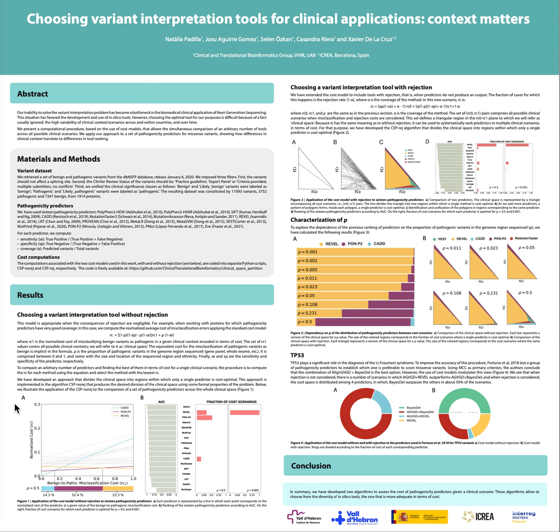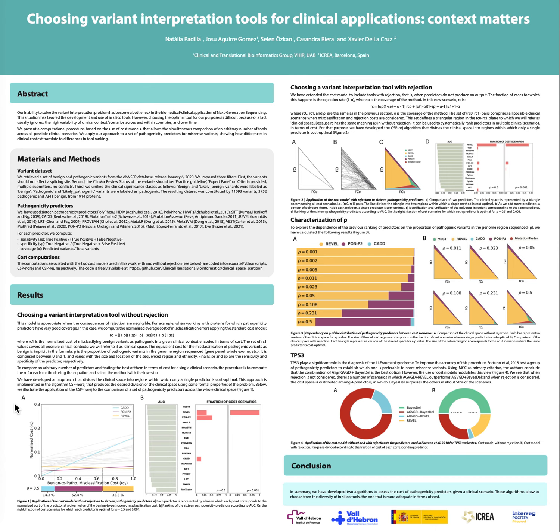Here I show you the results of the first cost model, without rejection. This is appropriate when consequences of rejection are negligible, for example, when working with proteins for which pathogenicity predictors have a very good coverage.